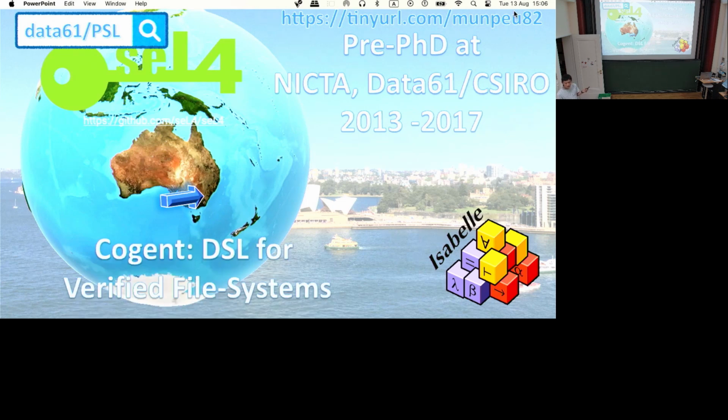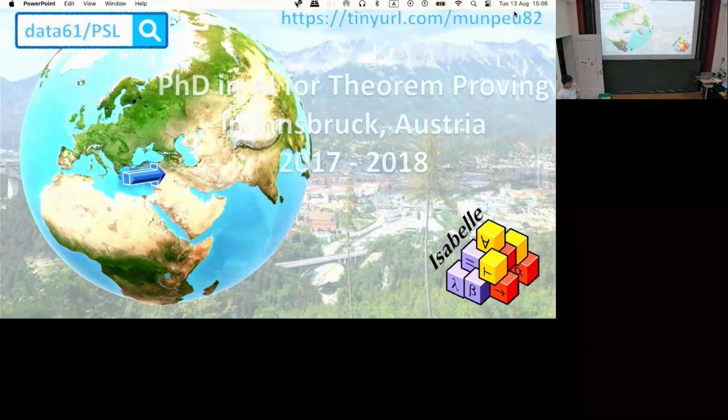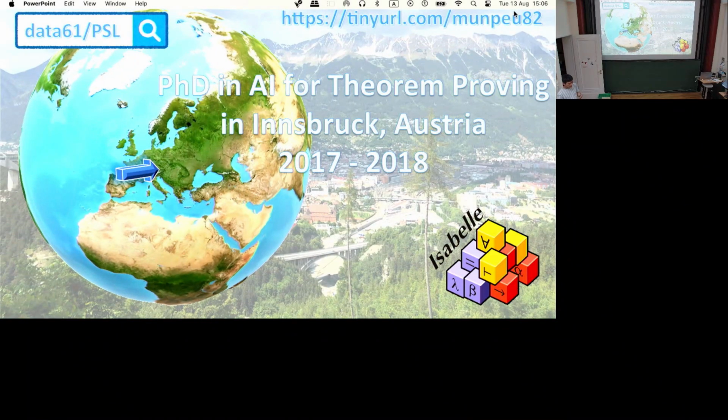Instead of that, I worked in a team which was developing a domain-specific language to build trustworthy file systems. So during this time, I became more interested in PL ideas. And even though my main research is AI for theorem proving, I sometimes use PL techniques or programming language techniques in my research. So I started my PhD studies in Austria.